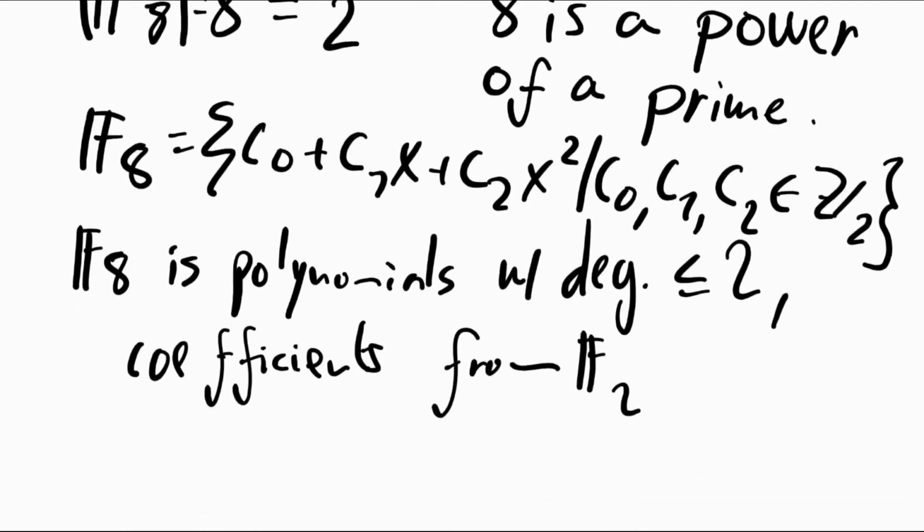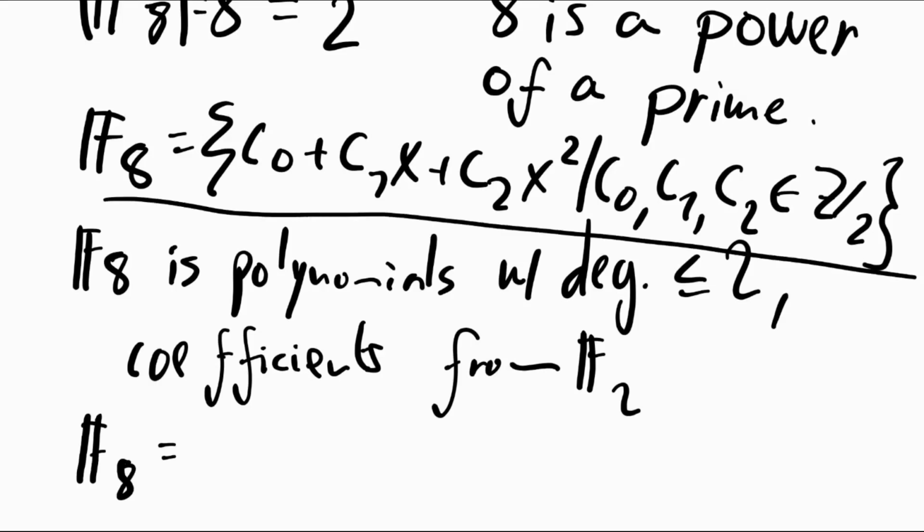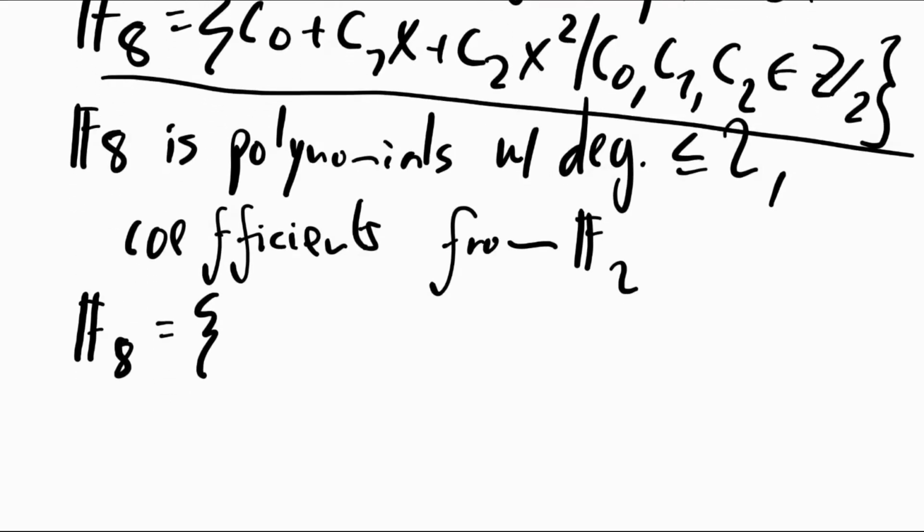So if you want to concretely, explicitly list the elements of F8, instead of this general notation, we can list them. And the way we do it is we just plug in c0, c1, c2, either being zeros or ones, for this polynomial of degree up until 2.